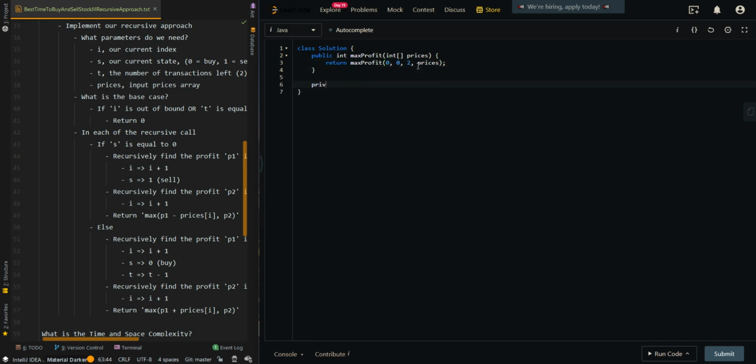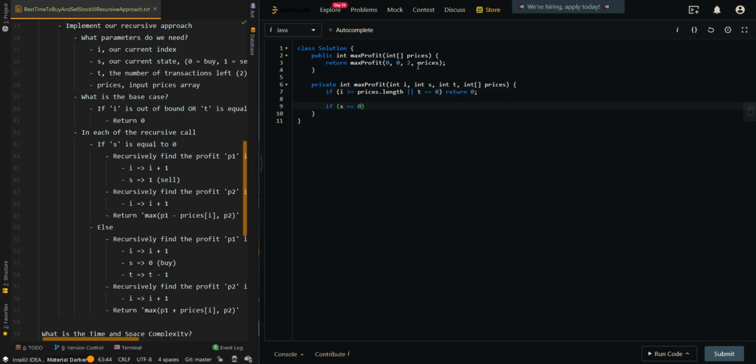And then we're going to create our recursive method: int i, int s, the number of transactions t, and the input prices. If i is greater than or equal to prices.length, meaning out of bounds, or t is equal to 0, this means we can no longer perform any more transactions. This means the amount of profit we can get is 0, so we return 0.